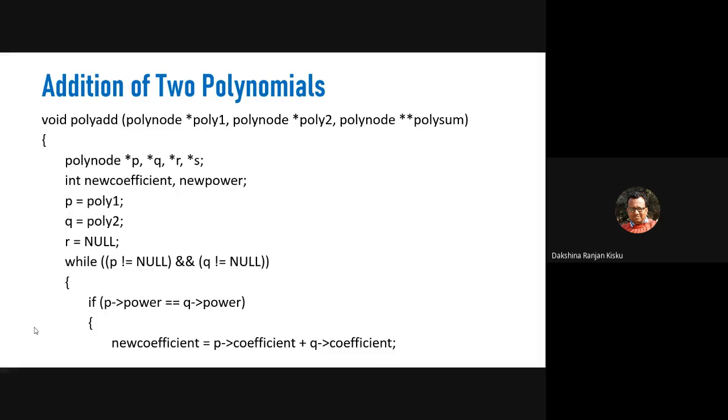Now we will use a while loop, and in the while loop we will keep checking whether p not equals to null or q not equals to null.